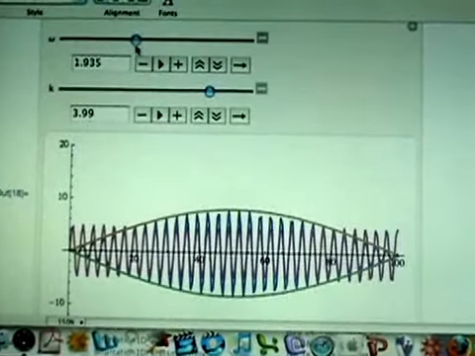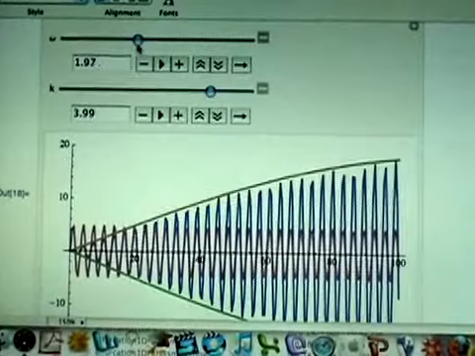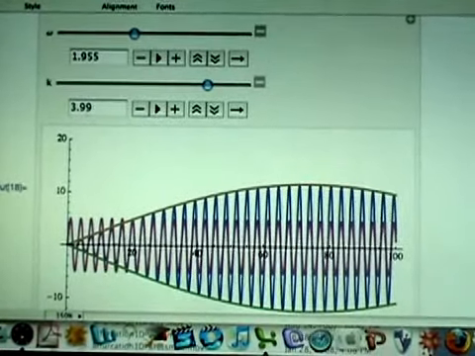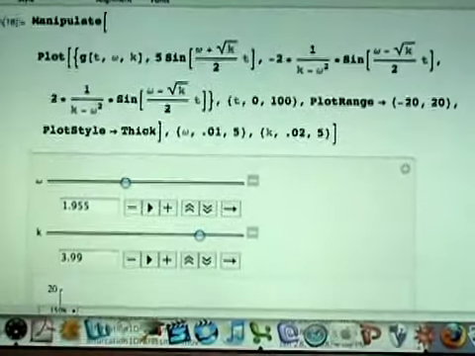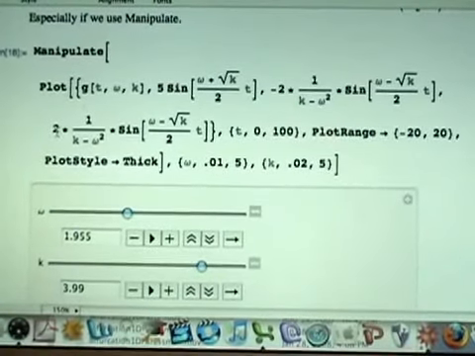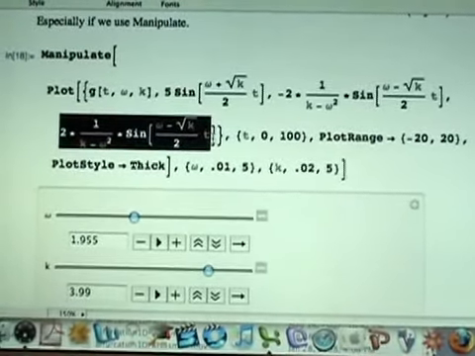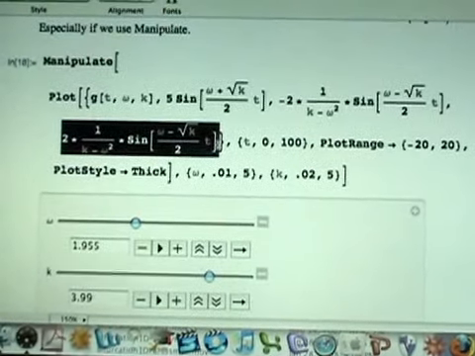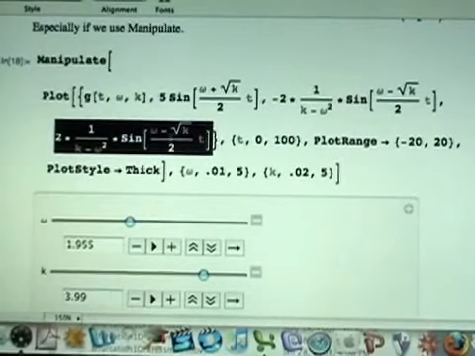Okay, again the blue is the solution. By graphing the product, I also graph a positive 2 times that beating factor; the fast oscillation, or excuse me, the beats is the slow oscillation.